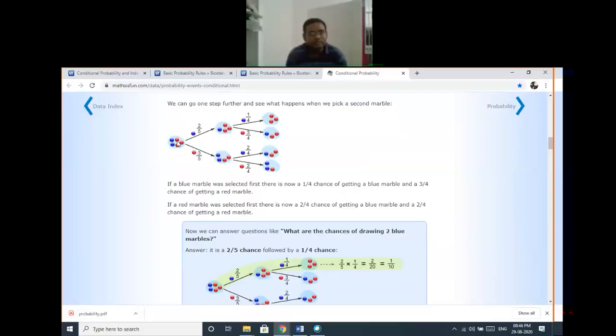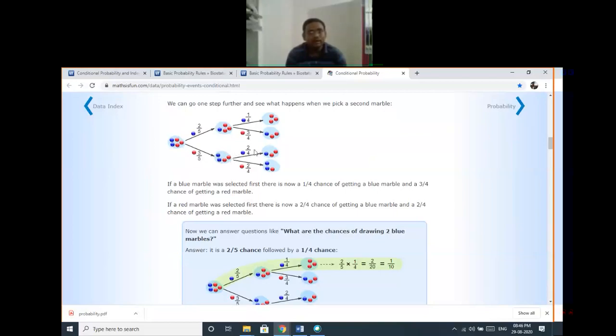Similarly, if you expect the red ball to happen as the outcome first, then it is 3 by 5, because there are 3 possibilities here instead of 2. After this event happens, the total sample size is reduced by 1, so it is 4.